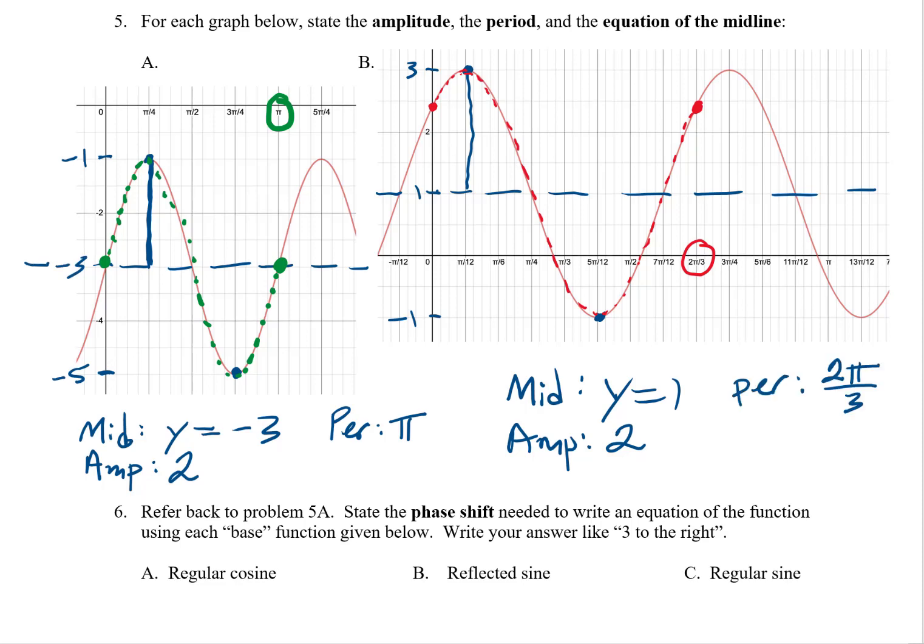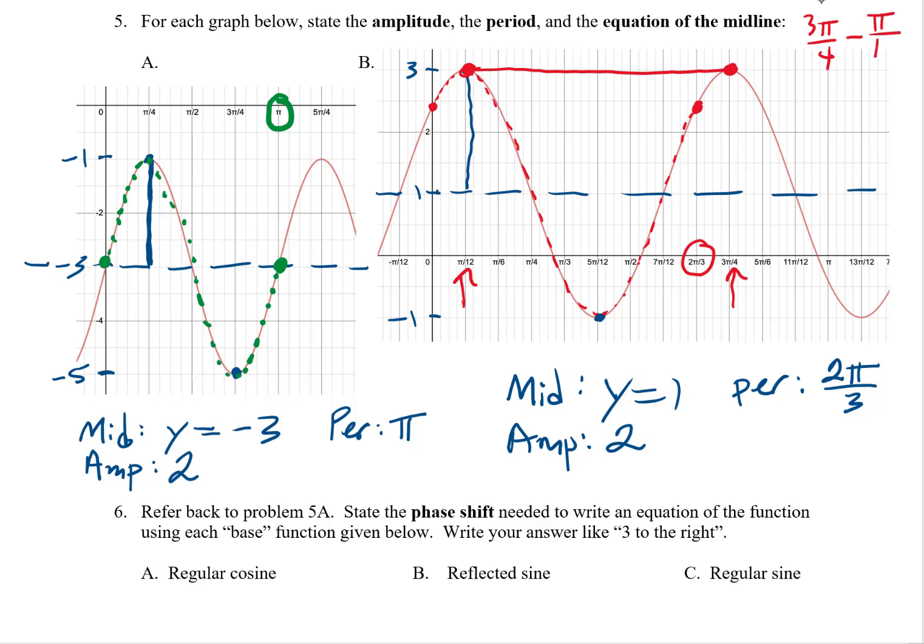If you don't like that, another way that we could have done this would have been to just look at this high point, and I know the graph is going to repeat again once you get to this high point. I could figure out the distance between those two values, and that must be the period. Well, the ending spot is 3 pi over 4. The starting spot there was pi over 12.